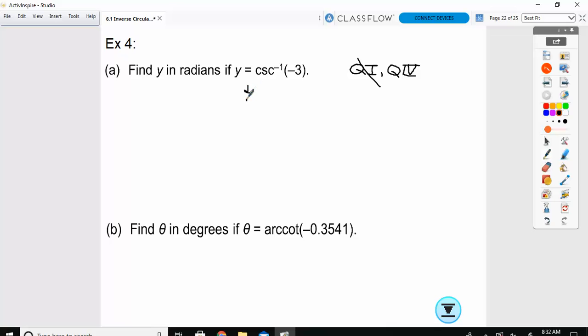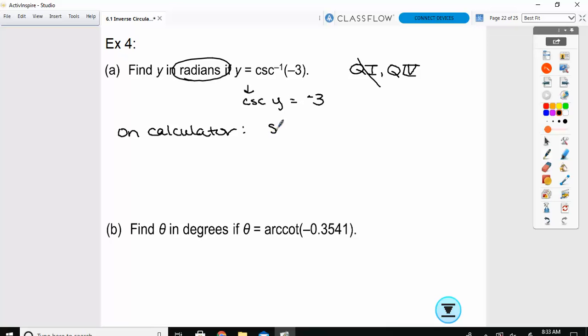Okay, so this means cosecant is -3. So here's what we're going to do on the calculator. First of all, we need to be in radian mode. So make sure you are in radian mode. We have done problems like these before.